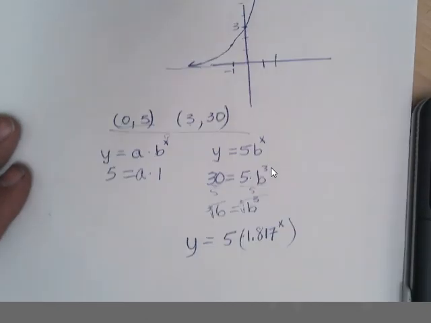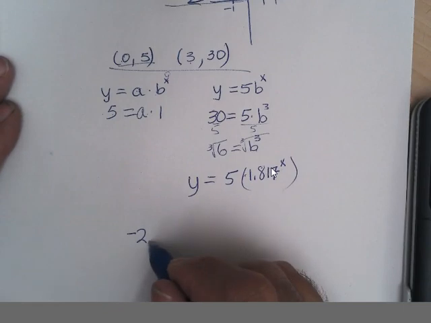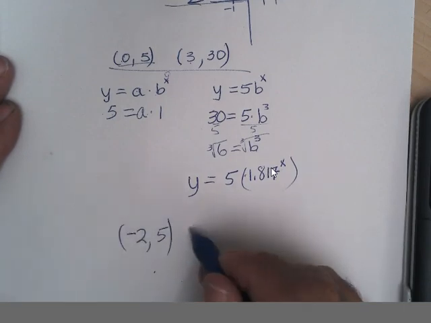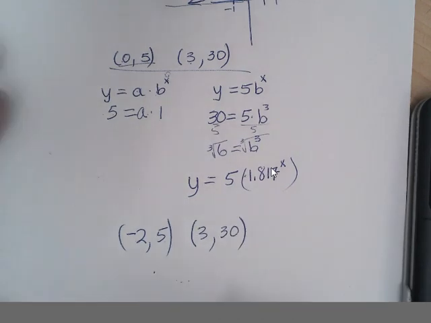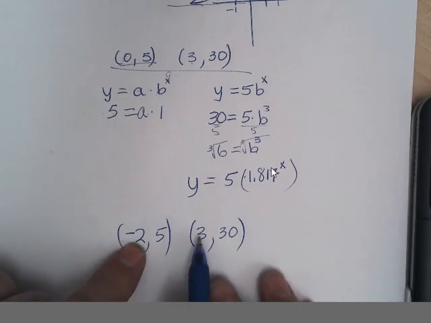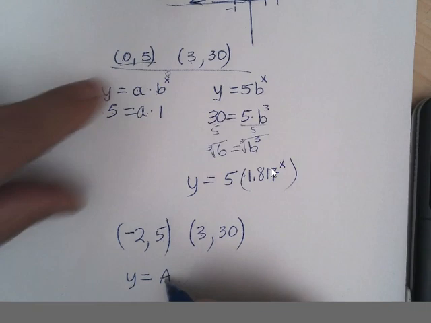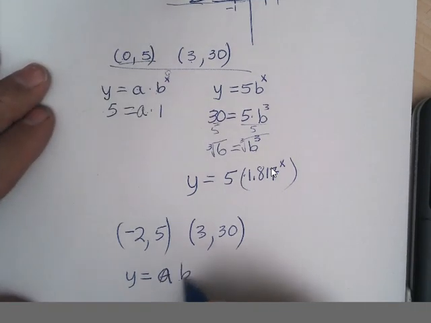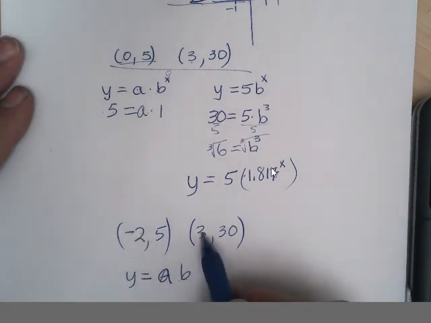What if these points are not as nice? What if they're like -2 gives 5, and 3 gives 30? Okay, so this gets a little trickier. If I go from here to there, there's some kind of starting amount, some a, times my base, and the x has gone from -2 to 3.